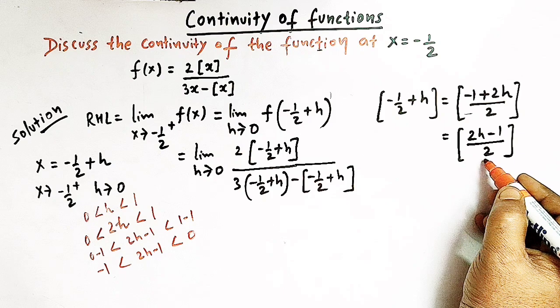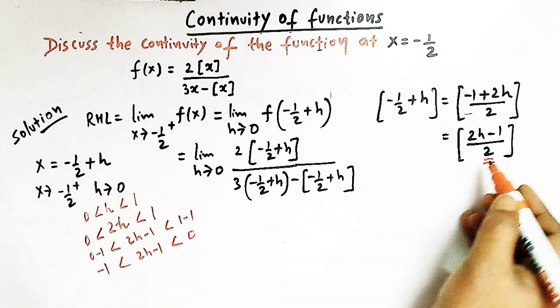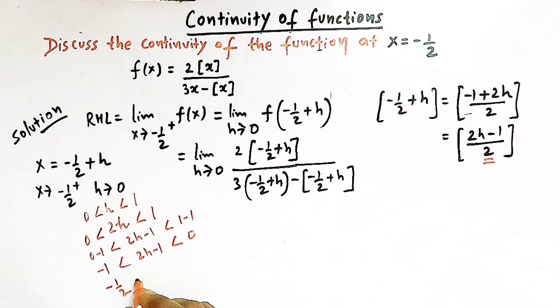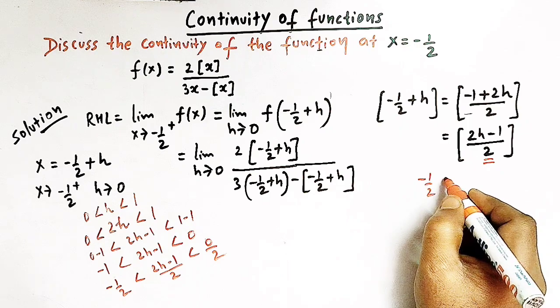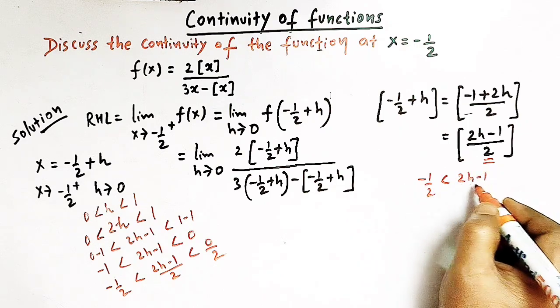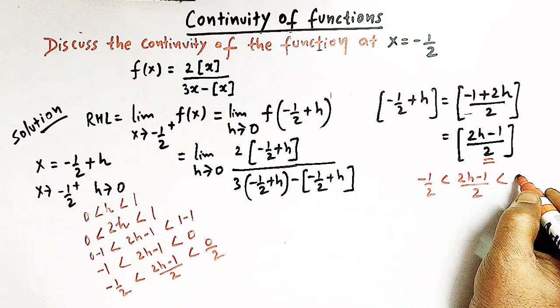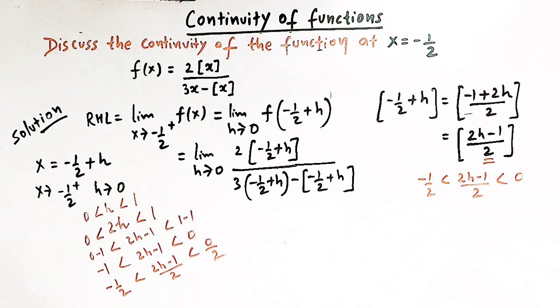Let us divide throughout by 2. We have minus half, then 2h minus 1 over 2, and 0 over 2, which is 0.